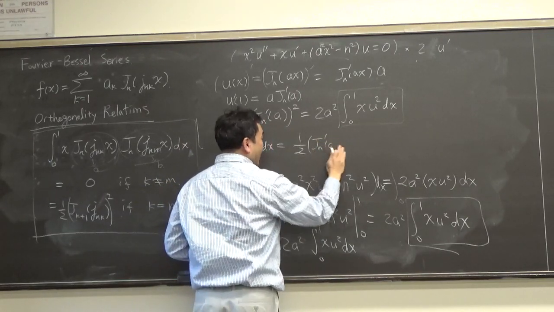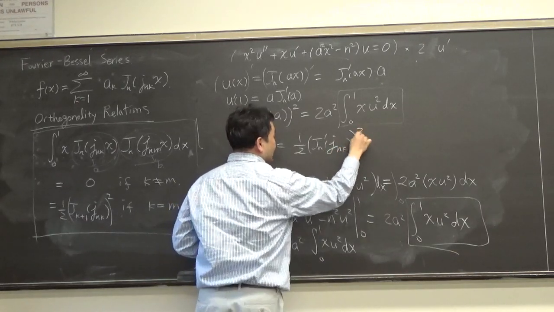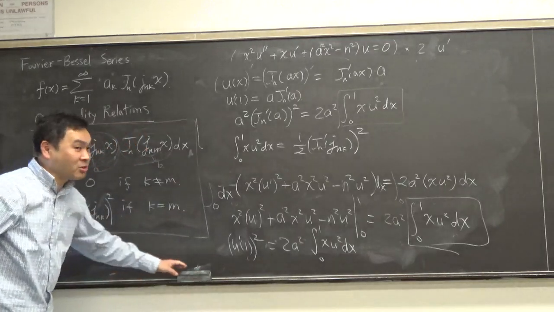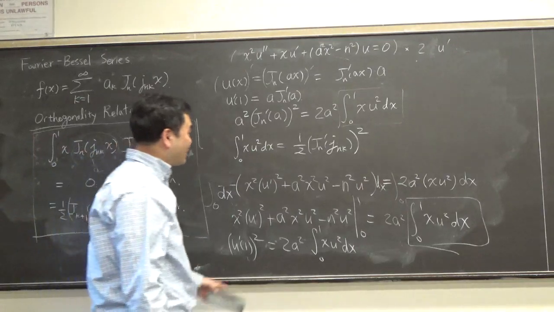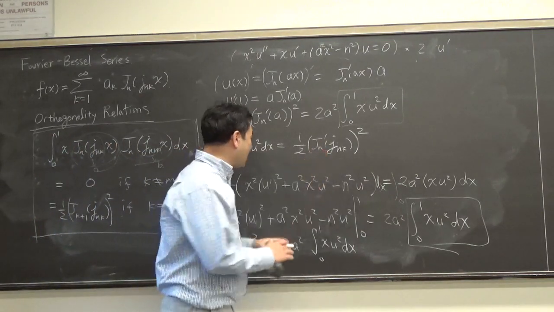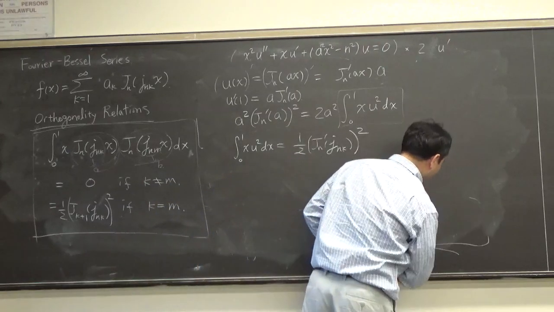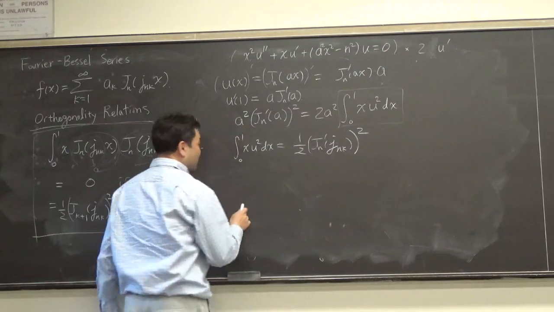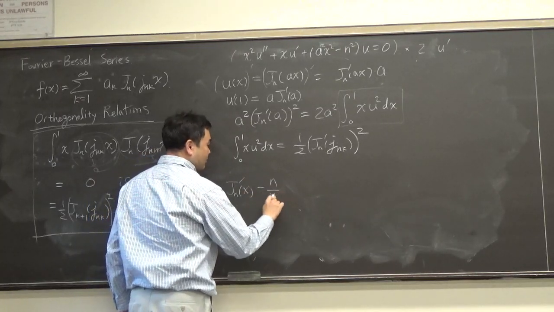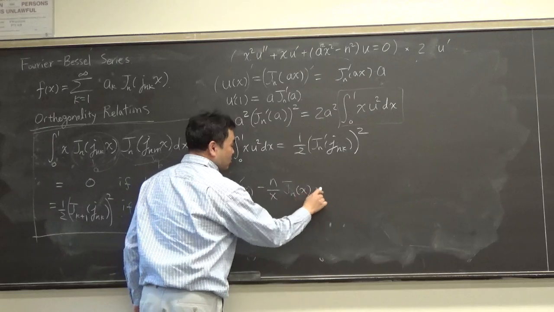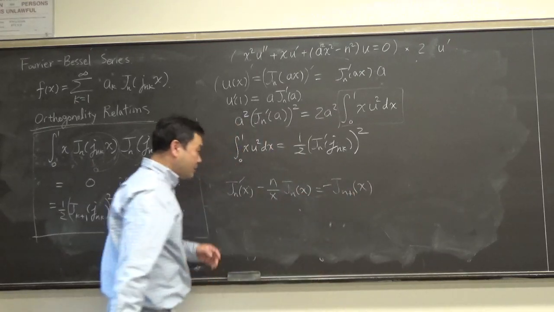But what was a? A was j n k, right? And we also learned a moment ago that if you evaluate jn prime at j n k, there was an identity that we had. So what was that identity? It was jn prime of x minus n over x jn of x equals minus j n plus 1 of x.